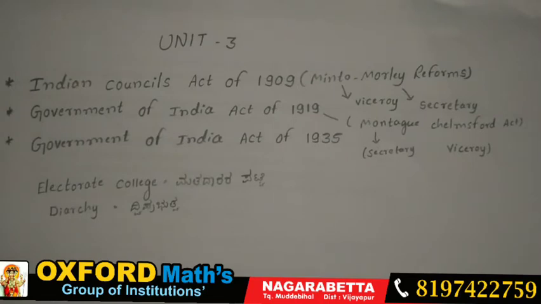The members of the Legislative Council at the central level were increased from 16 to 60. The number of regional council members was also increased. Regional means what? Here there were three important regions: Bombay, Madras, Calcutta. In these regional councils, Indians also started to become members. Representation in the regional councils was allowed through election for the first time.